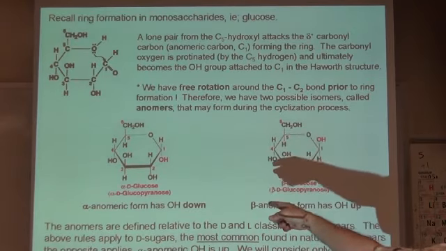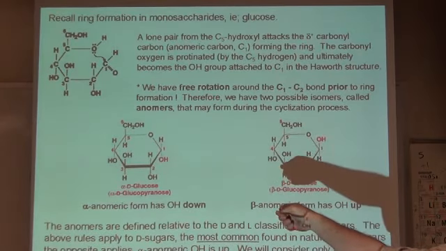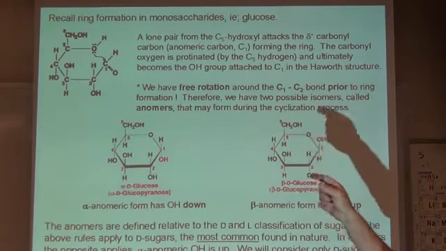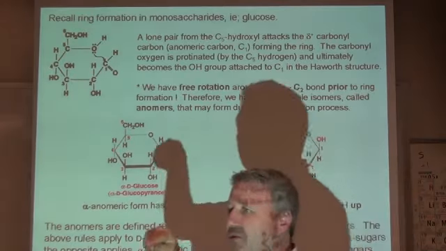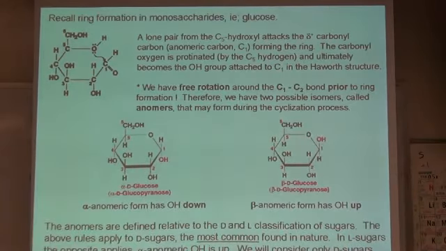Haworths tell you whether you have alpha or beta. The Fischers can't tell you alpha or beta. That's not their job. They tell you D or L. Haworths can't tell you D or L. They can only tell you alpha or beta.